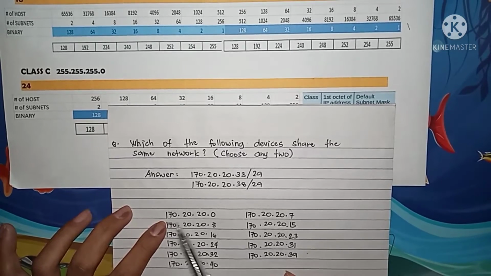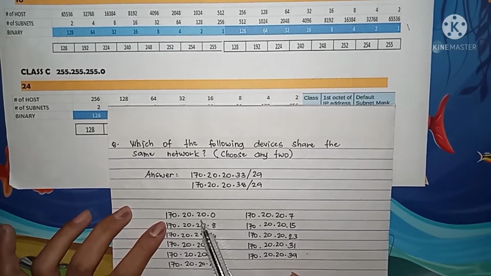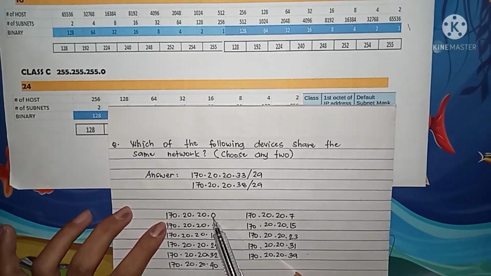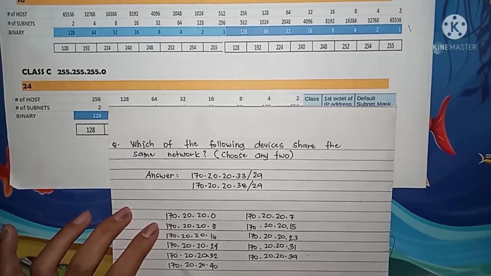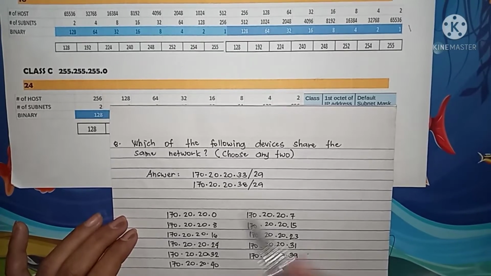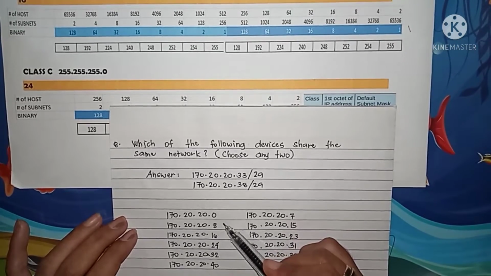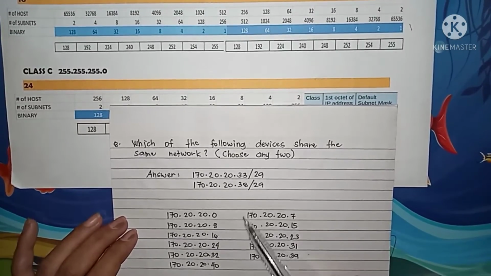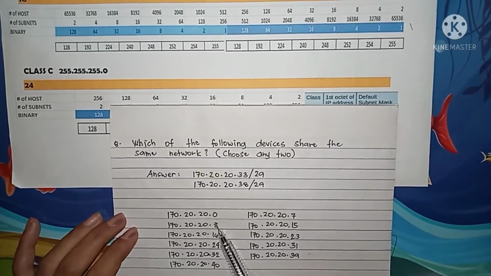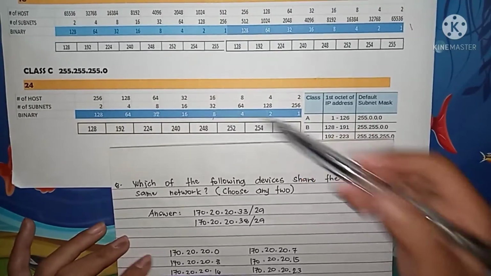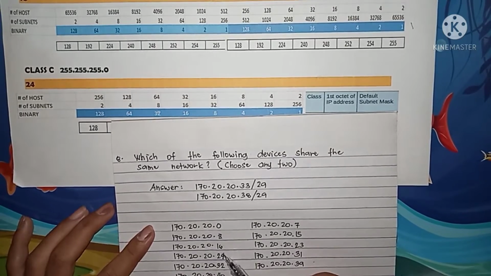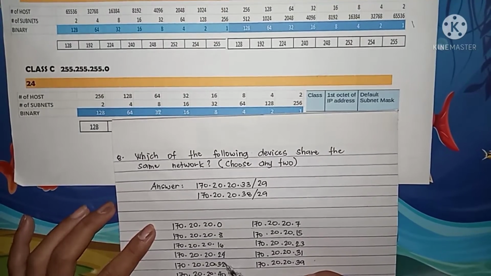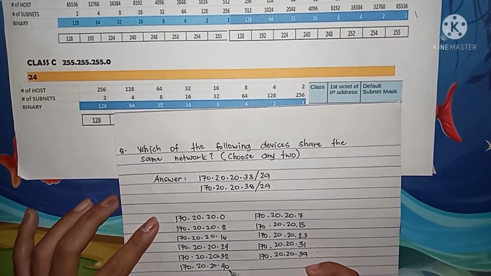Now, as you can see, in this process, 170.20.20.0, because always remember in creating this process, always start from 0. So next we have here the 8, which is our interval. 8 plus 8, 16. 16 plus 8, 24. 24 plus 8, 32. And then 32 plus 8 is 40.